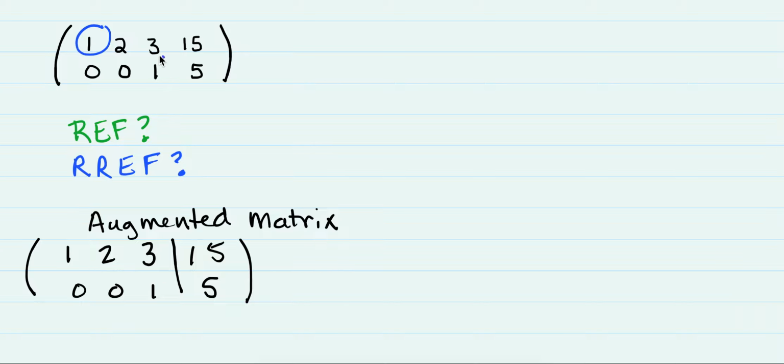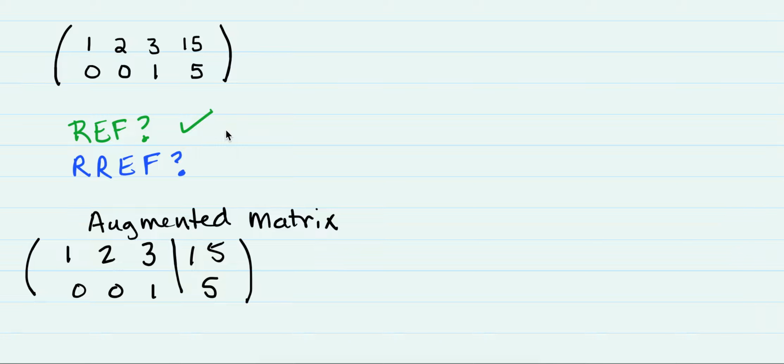You see we have a 1 here and a 1 here. And we also have the rule that for each row that has a pivot, this leading coefficient here, it's to the right of the leading coefficient of the row above it, which works in this case. So this matrix is in row echelon form.